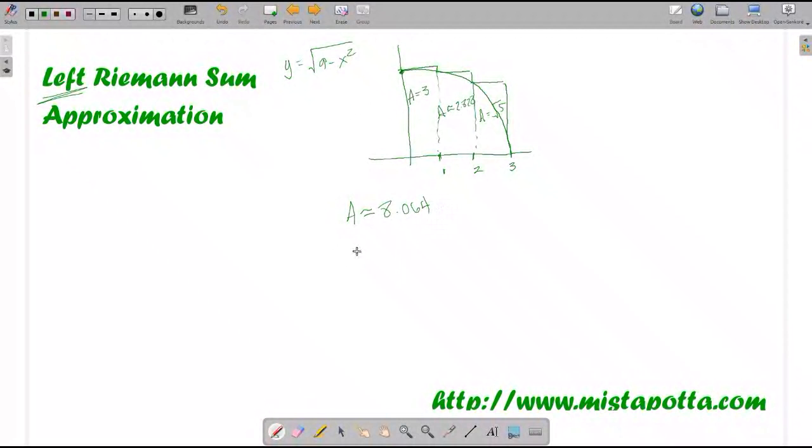Now, I know that this is an overestimate, because I know that I am including area here, here, and here that is not part of the graph of the curve.